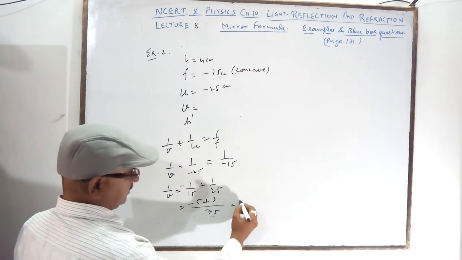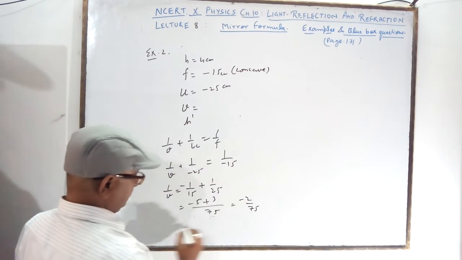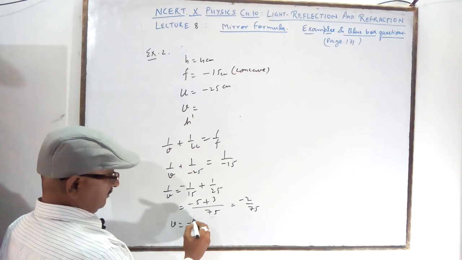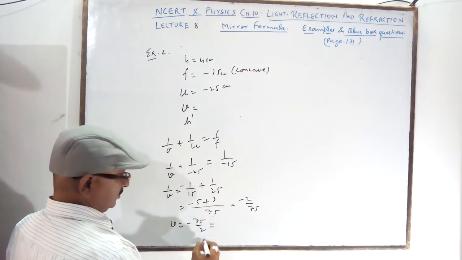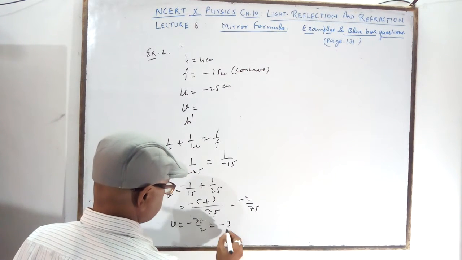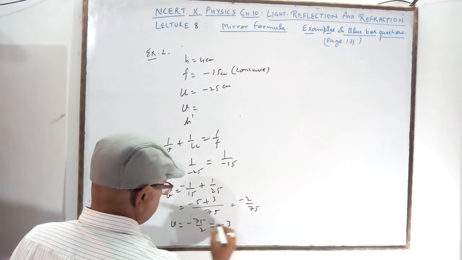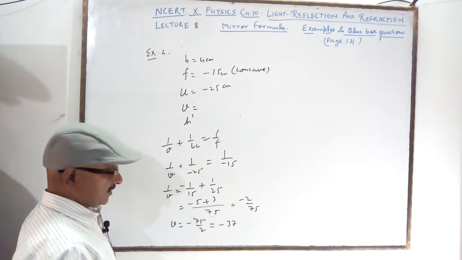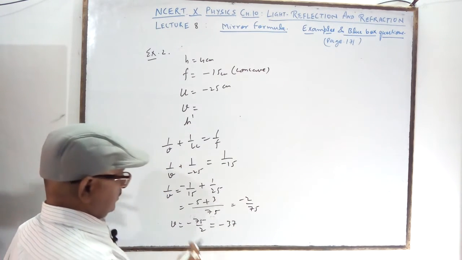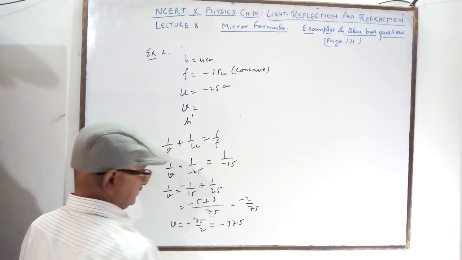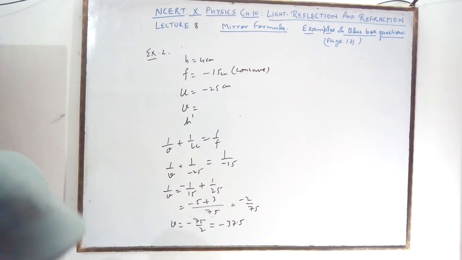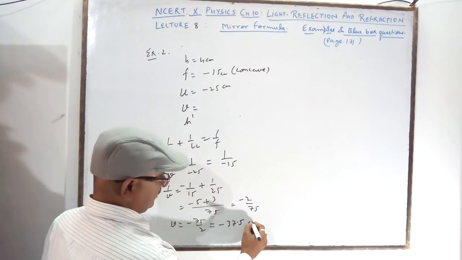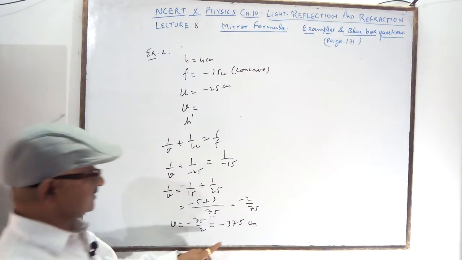So you are getting minus 2 by 75. So V will be minus 75 by 2, which is minus 37.5 centimeter.